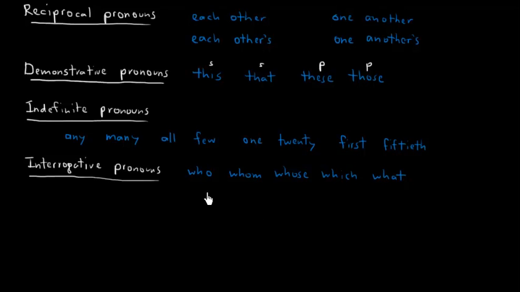So we'll say who is going to the store. Okay, well, I really don't know what the antecedent to who is yet, but I'm hoping somebody will answer me. John is going to the store, and then John would be the antecedent. Okay.